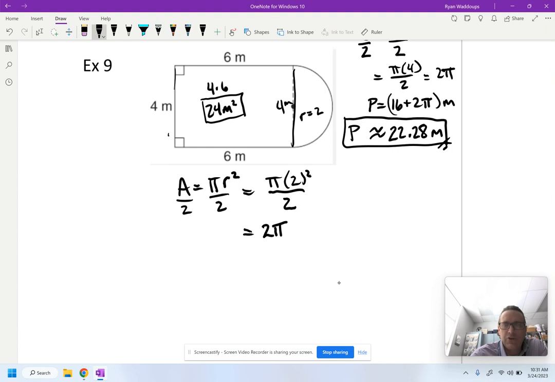So our area is 2 pi. The area of our combined figure is 24 plus 2 pi, and this is in square meters. And then as an approximation to that, that would be 24 plus 2 pi, 30.28.